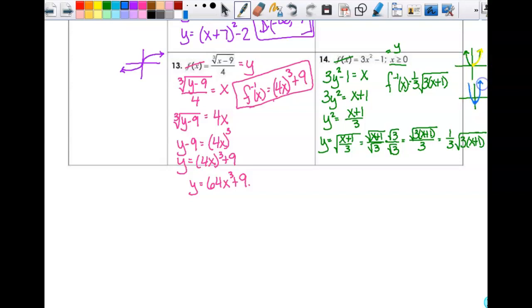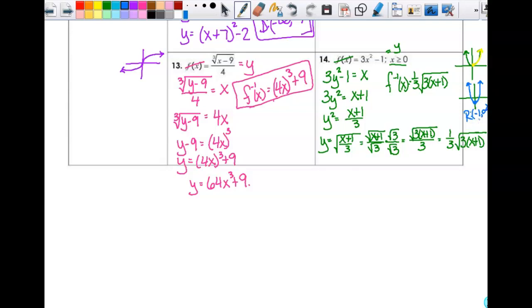And the stretch really isn't going to affect anything. So my domain really is all real numbers, but now we've got this that's just, it's only this part that's being reflected, right? The range here, so my range for the original one is from -1 to infinity.